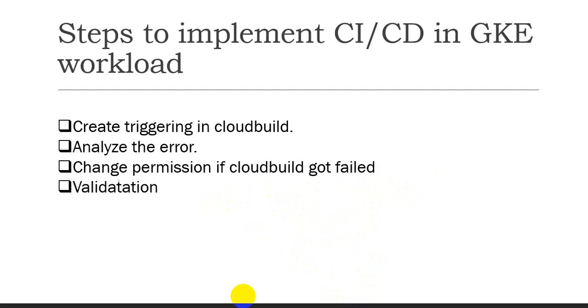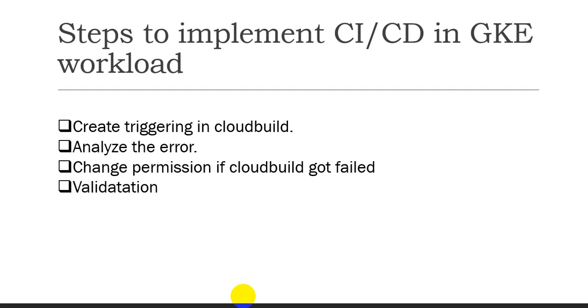Once we have created our required files, I mean the main.py file, the Dockerfile as well as the cloudbuild YML file, then we have to create the trigger in Cloud Build. Cloud Build will connect to the source repository, so whatever changes you make inside the code, it will pick them up, and according to that it will create the updated image.